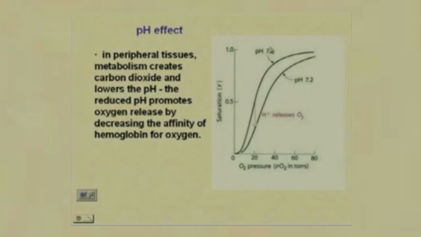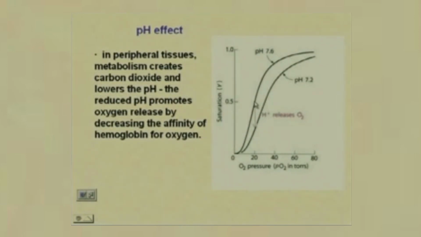The pH is 7.6. As we have the carbon dioxide release, the H+, what is happening? This lowers the pH. Suppose you are at a specific partial pressure of oxygen here. The PO2 say is 20.